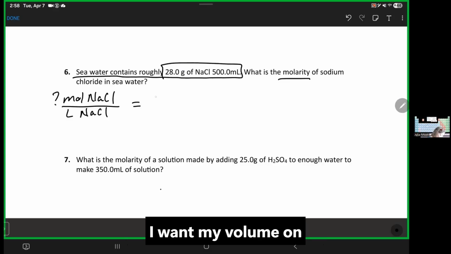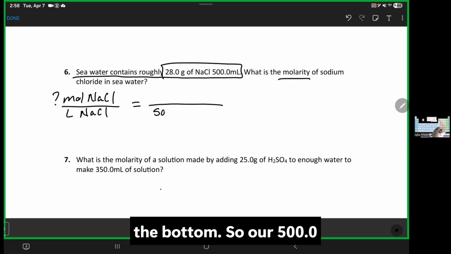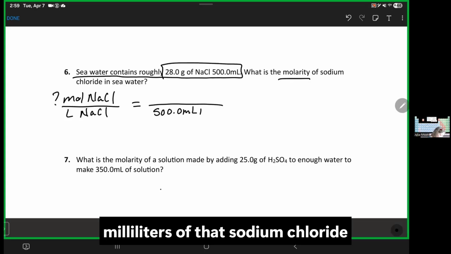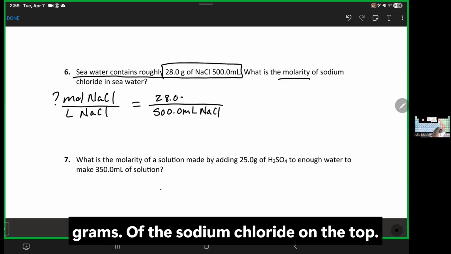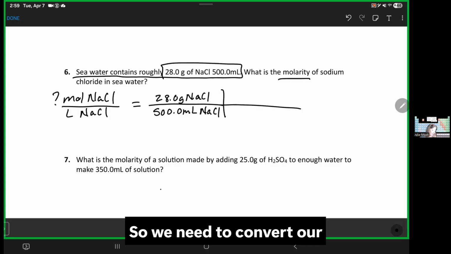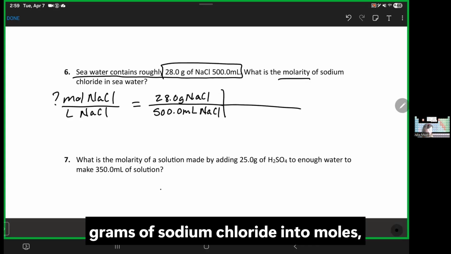So I want my volume on the bottom. So our 500 milliliters of that sodium chloride solution on the bottom, 28 grams of the sodium chloride on the top.